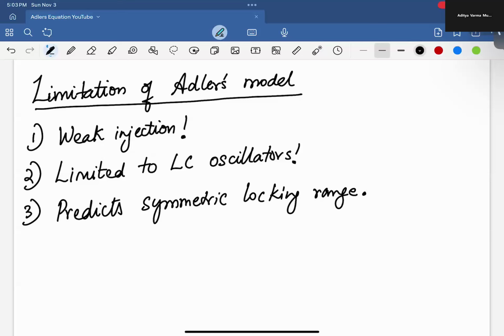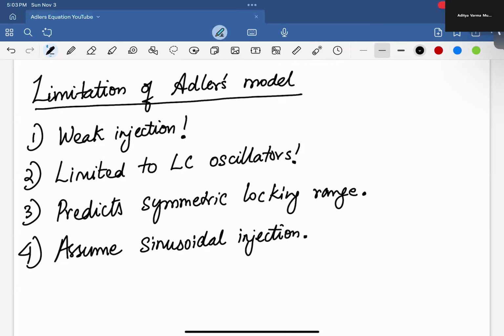So this model doesn't really talk about that, and one of the reasons is that we assume a sinusoidal injection, right? That's one of the reasons.